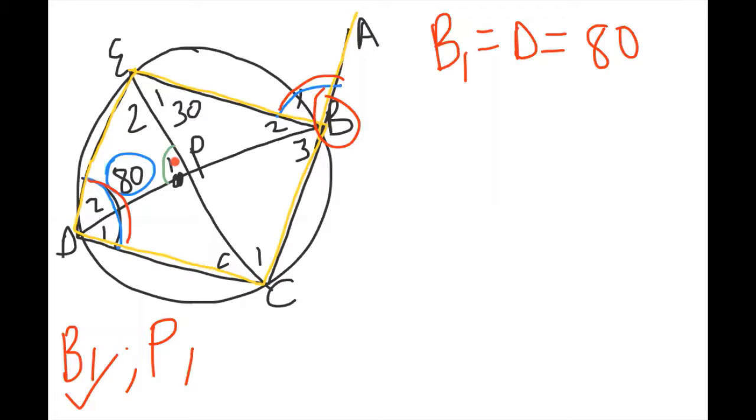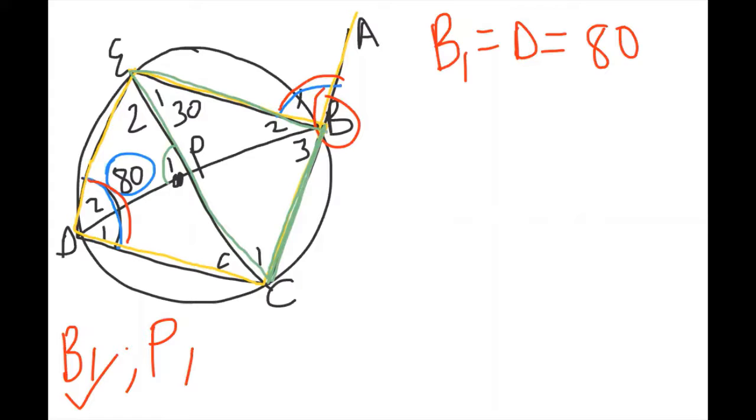So let's just see what we have. We do have this 30 over here. We have this 80. So let's see how we can proceed. I'm going to try to use a green color and look at this chord, CB. CB extends to that angle E1.